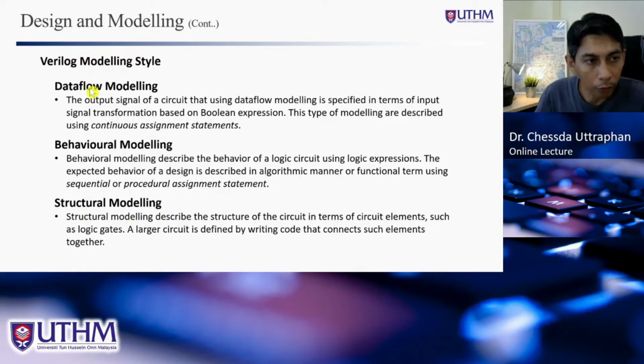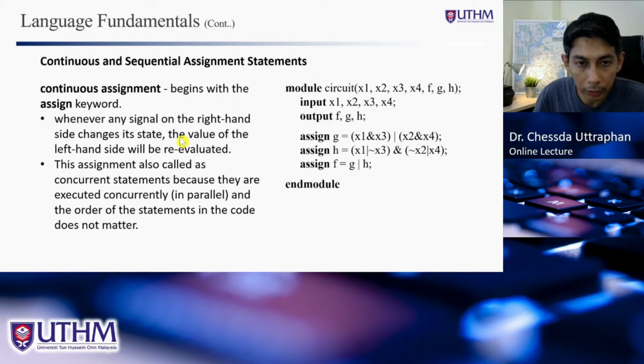So what is data flow modeling? Data flow modeling is specified in terms of input signal transformation based on Boolean expression. So when we use Boolean expressions and we describe our circuit using continuous assignment statements, that means we use data flow modeling. Remember, you need to be able to differentiate or know this. When you use a continuous assignment statement, for example, you use this thing. This one is continuous assignment.